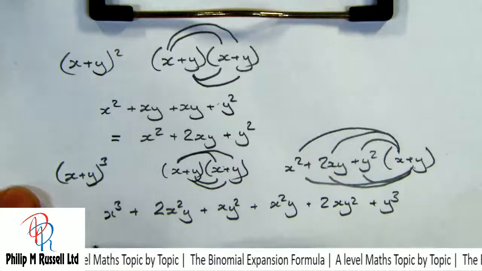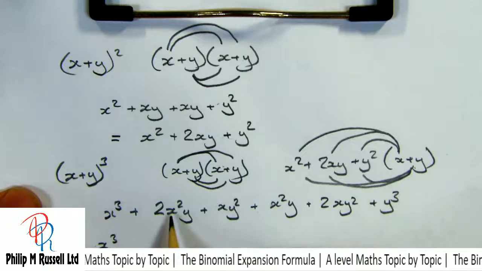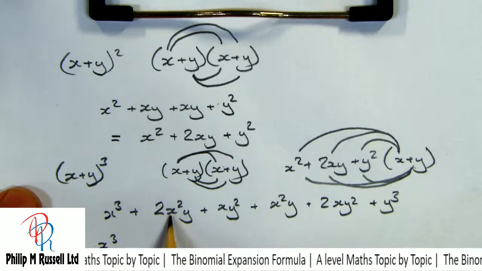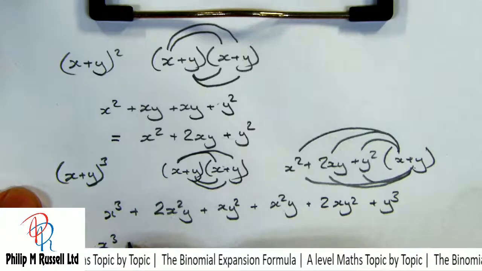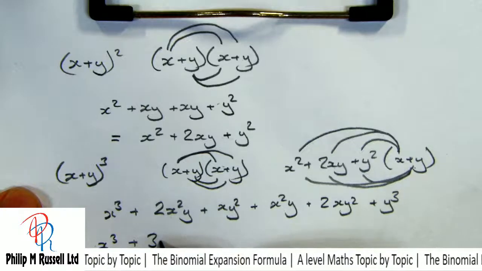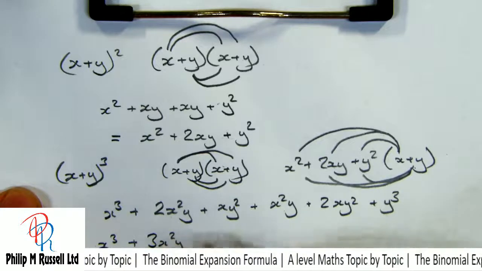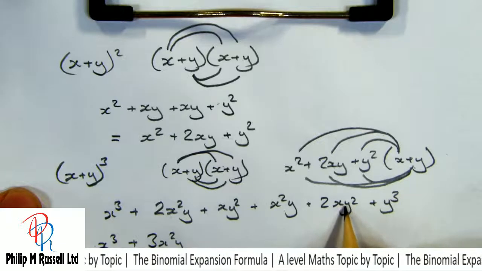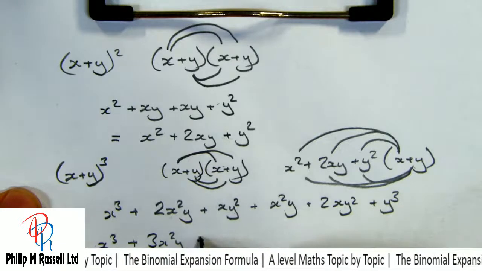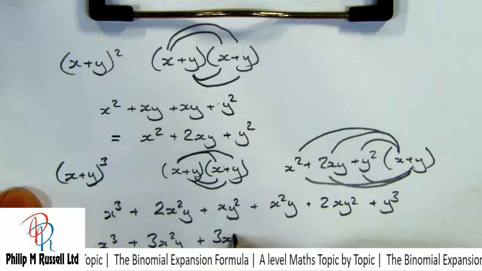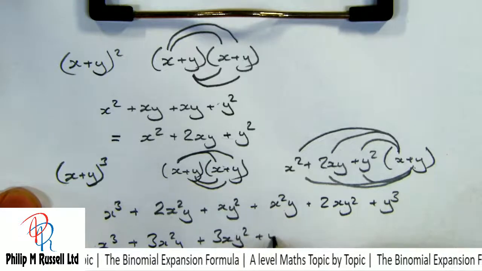Let's collect the like terms here. We've got an x squared y, I've got another x squared y, that gives me 3x squared y. I've got xy squared, so I've got plus 3 of those, plus y cubed.